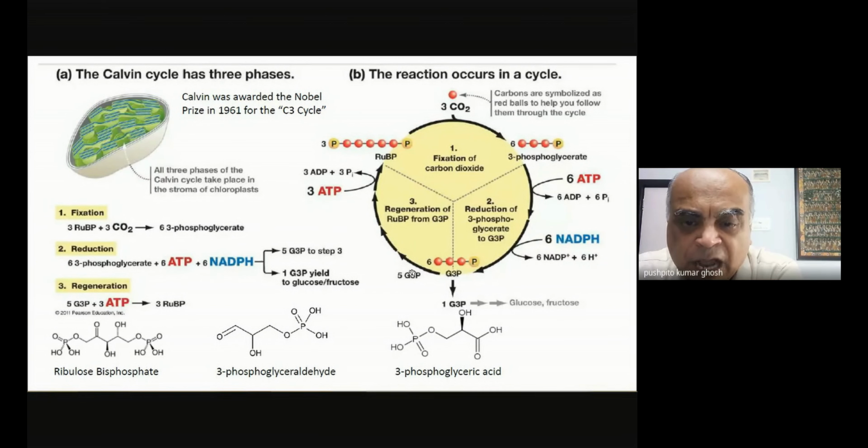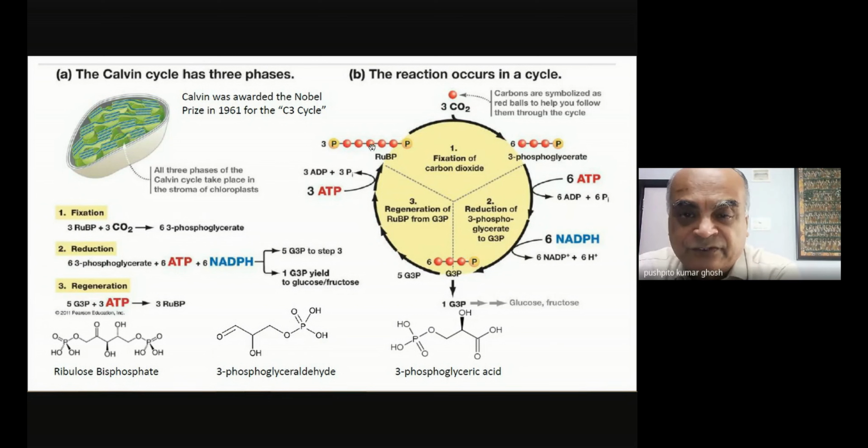Now you've got how many carbons? 5 molecules, and each one has got 3 carbons. So 3 carbons multiplied by 5 molecules means 15 carbons. Okay, so those 5 go and again reform ribulose bisphosphate.